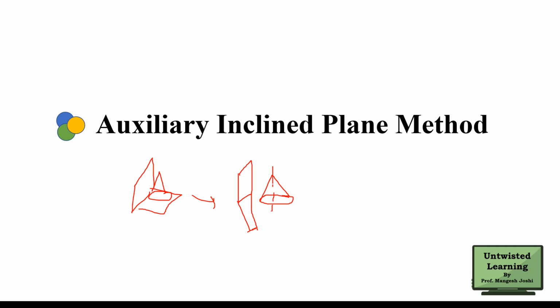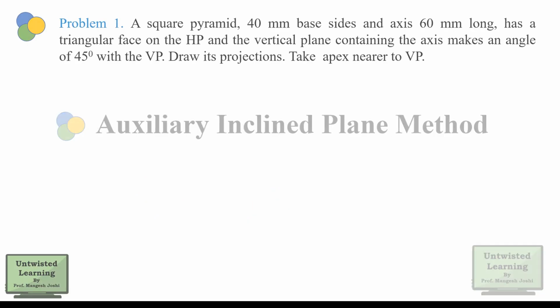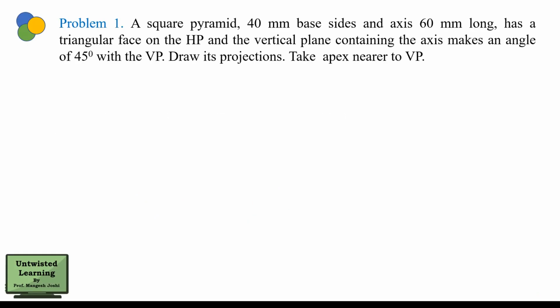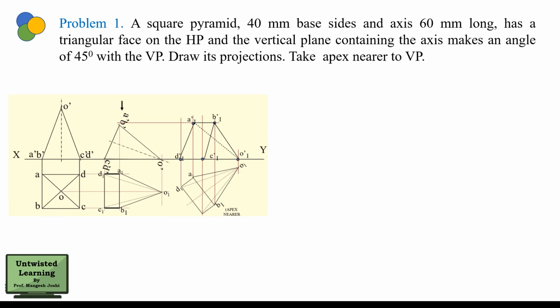Instead of rotating the object, I will rotate the plane. So this is the basic concept behind this auxiliary plane method. Okay, so let us understand this with the help of an example. We will take the same problem number 1 of square pyramid. This is the same problem which we have already solved.